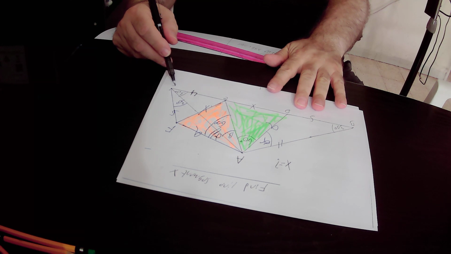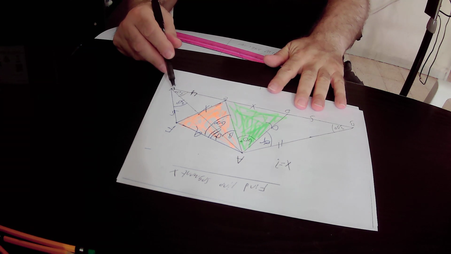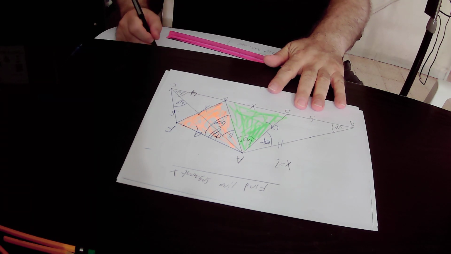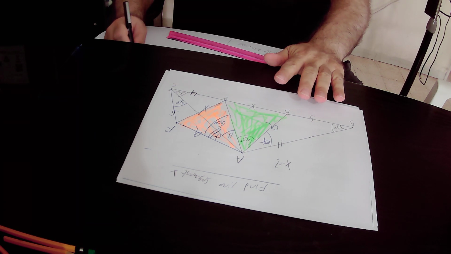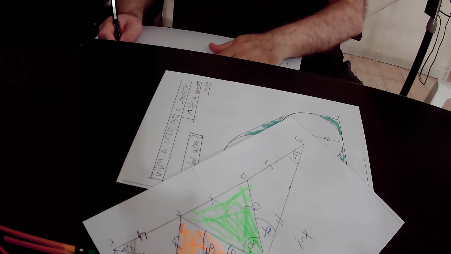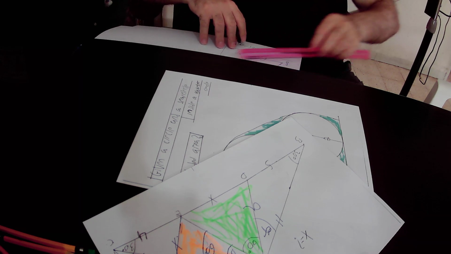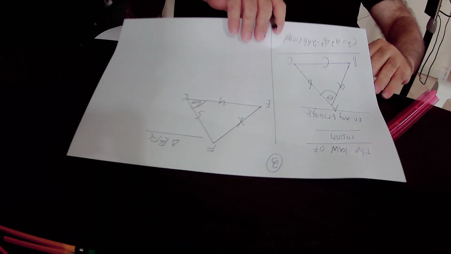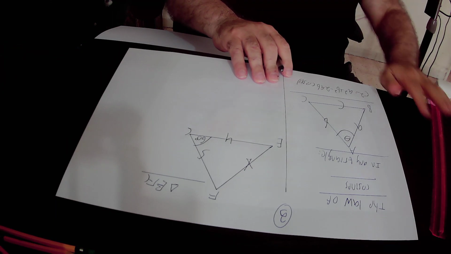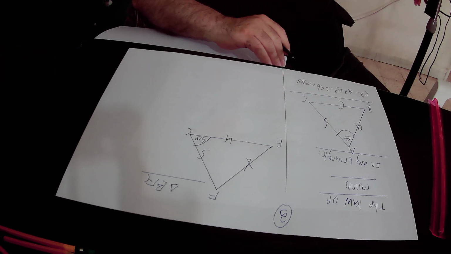Angle FCE equals 30 degrees plus 30 degrees, that is 60 degrees. So, this is triangle EFC that I copied from the original drawing.